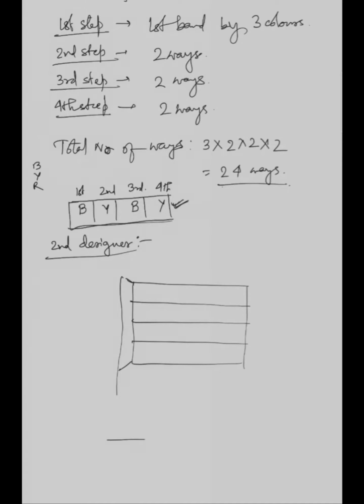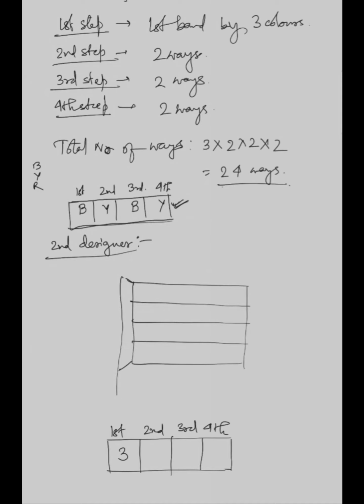He has made a chart of four boxes like this. This is the first band, this is the second band, this is the third band, and this is the fourth band.